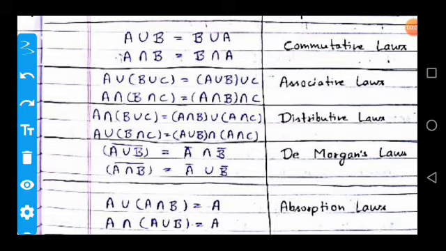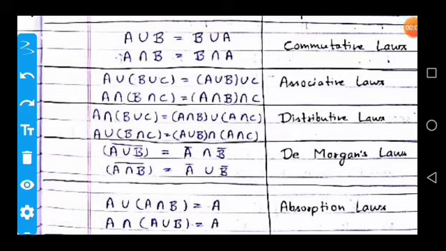Distributive law. This law is represented like this: A intersection in braces B union C is equivalent to A intersection B union A intersection C, and also A union in braces B intersection C is represented like A union B intersection A union C.